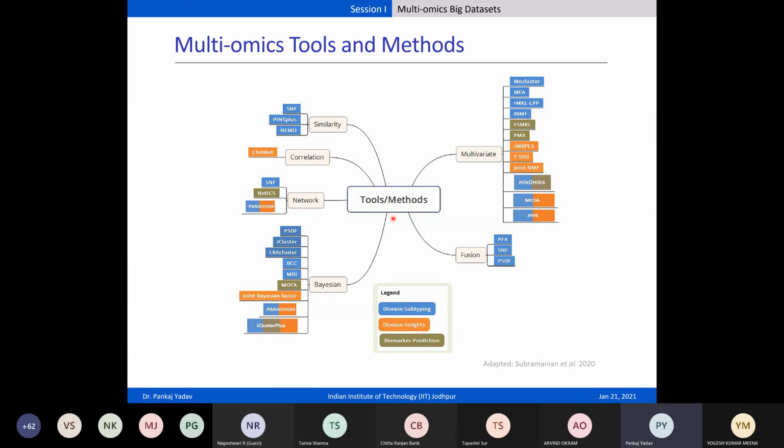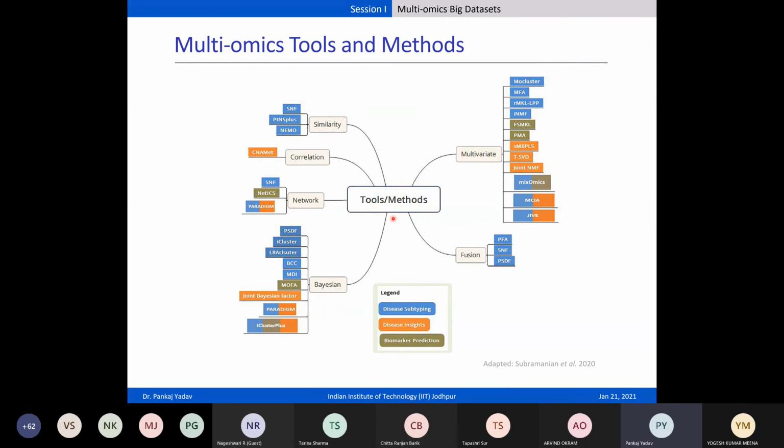Most of these methods existed from other works, but they were not directed towards this kind of data. So a lot of people have now become interested, and because these methods already exist, they can also be used in this domain.